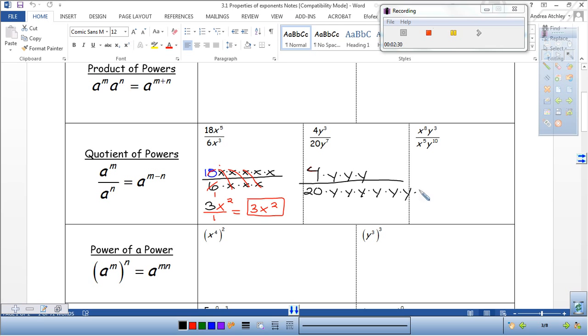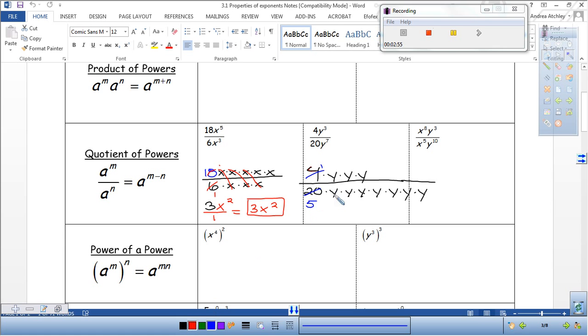Need one more. Okay, then we're just going to divide it. 20 can't go into 4, but 4 and 20 can both be divided by 4. So I'm just going to reduce this fraction. 4 divided by 4 is 1, and 20 divided by 4 is 5.